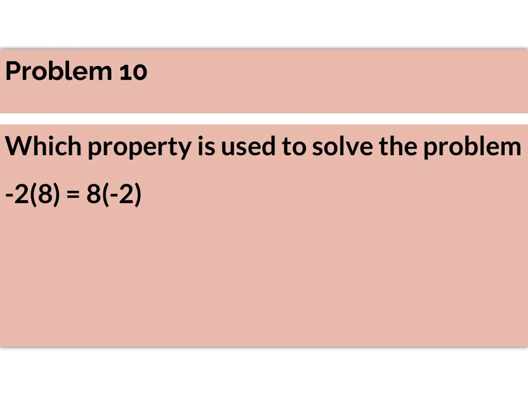And finally, for our last problem, 2 times 8, 8 times negative 2. This will be commutative. The numbers switch around, which means they commuted. Property of multiplication.